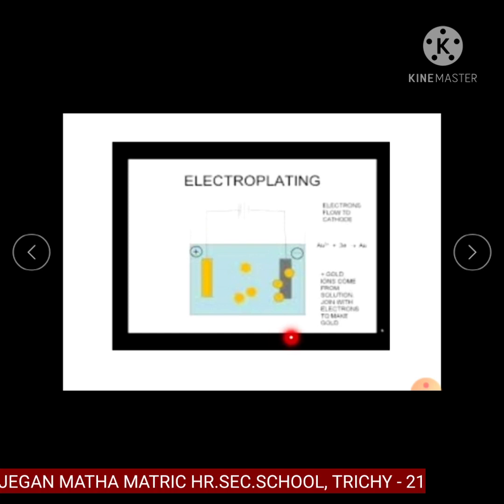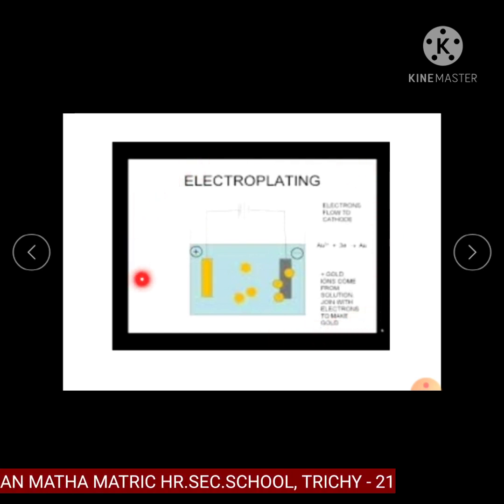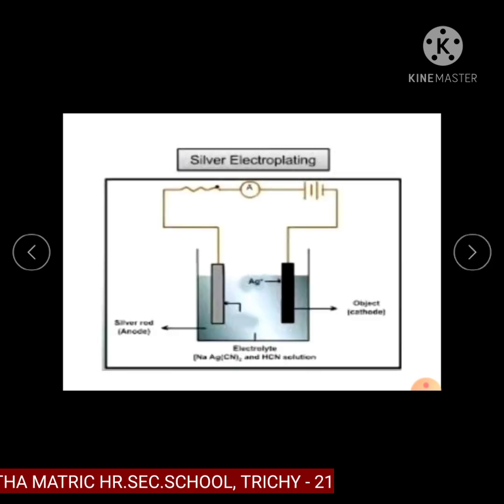In this figure, the electroplating process is shown. Here, the gold electroplating process is shown. In this figure, silver electroplating is shown.